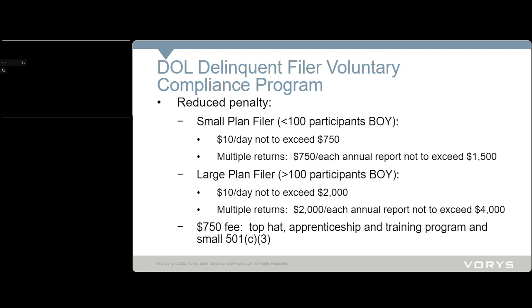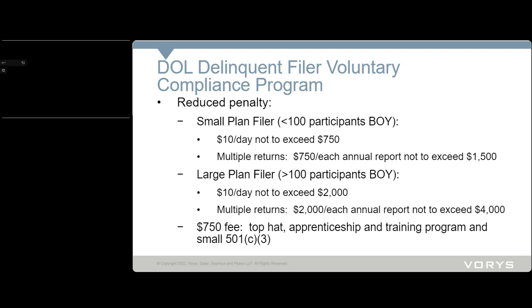If you're a small plan, so less than 100 participants at the beginning of the year, the fee to enter the program is $10 a day, but not to exceed $750. If you have multiple plan years involved, it's $750 each annual report, not to exceed $1,500.